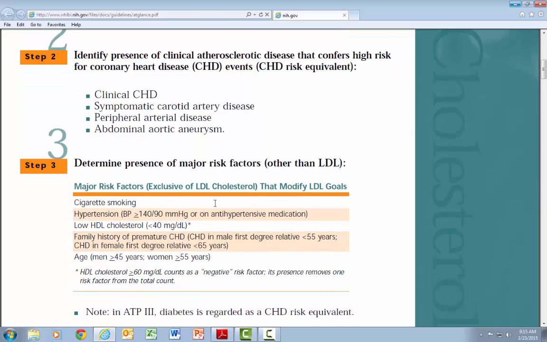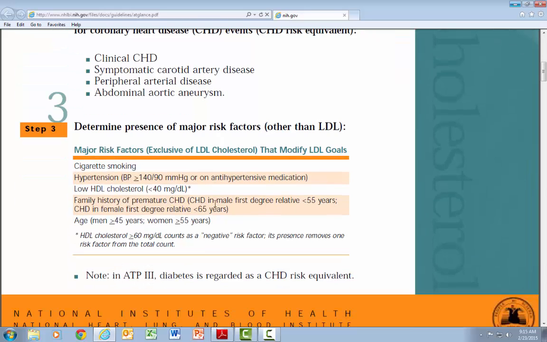The third step is to determine the major risk factors other than LDL, which is your goal. And you must remember that this includes cigarette smoking, hypertension, which is greater or equal to 140/90. That basically coincides with the new guideline if you are less than 65 years old, whether or not you have diabetes or CKD, or if you're on antihypertensive medication.